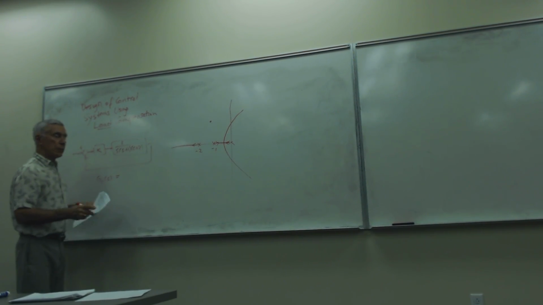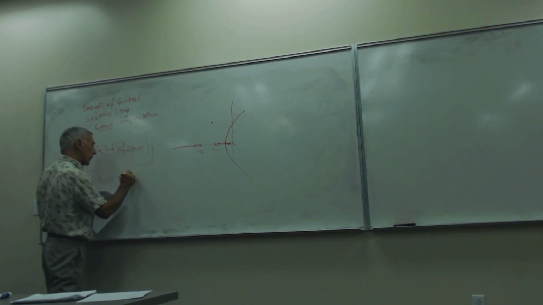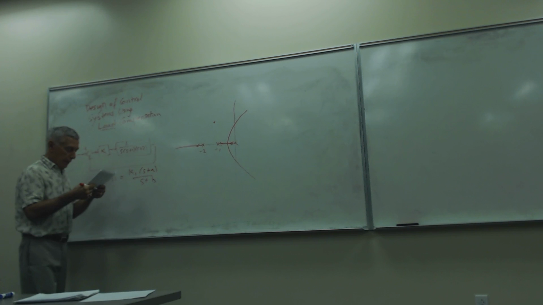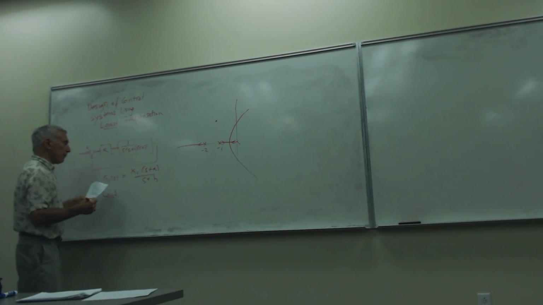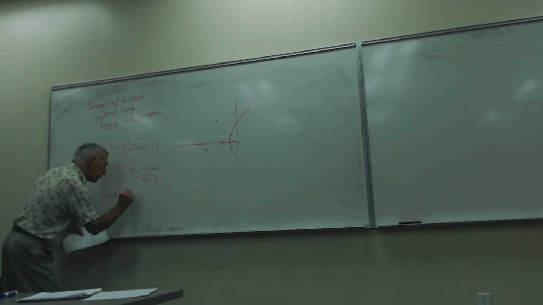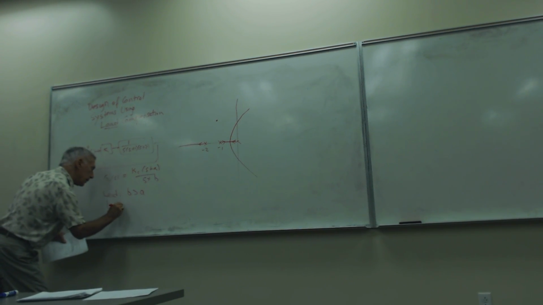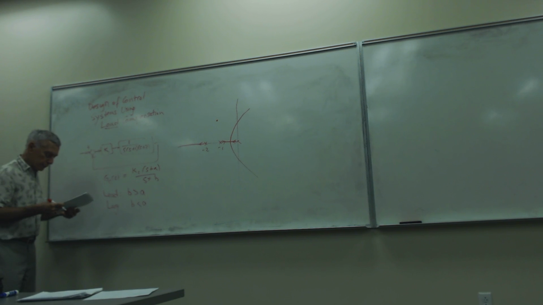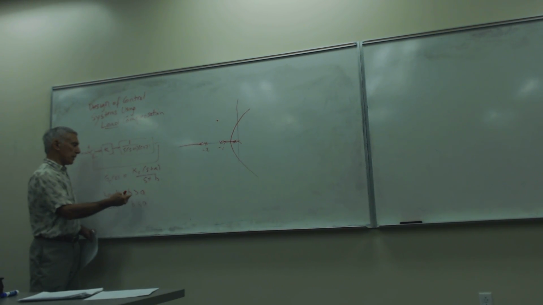When you're talking about a lead or lag compensator, the form is a constant times S plus A over S plus B. Lead is such that B is greater than A, and lag is such that B is less than A. The next question is, where do we put these values?